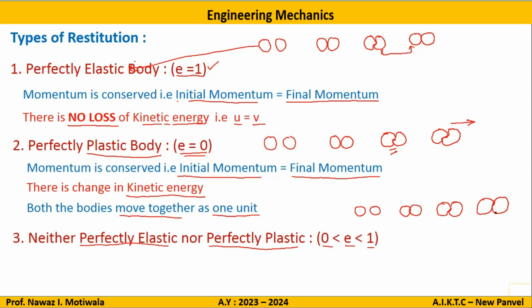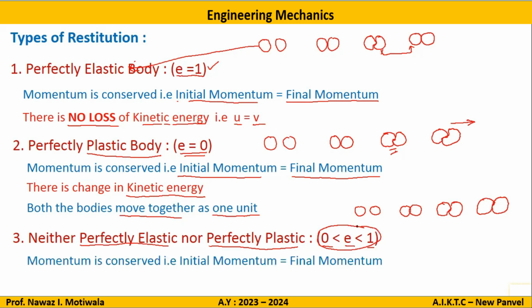Hence this type of impact, wherein the bodies recover some part of the deformation, is known as neither perfectly elastic nor perfectly plastic, where the coefficient of restitution lies between 0 and 1. Momentum is again conserved, that is, initial momentum equals final momentum, and there is a change in kinetic energy.